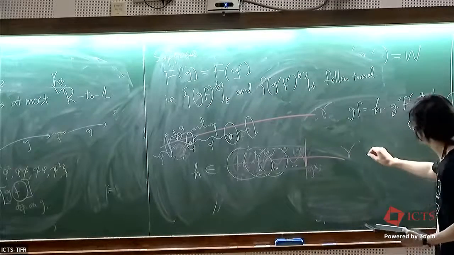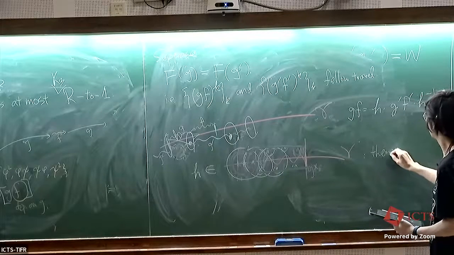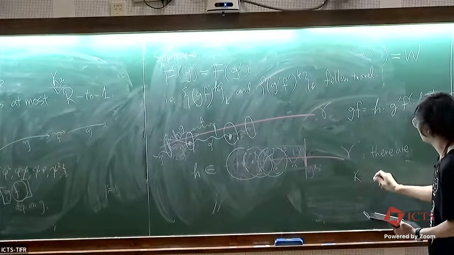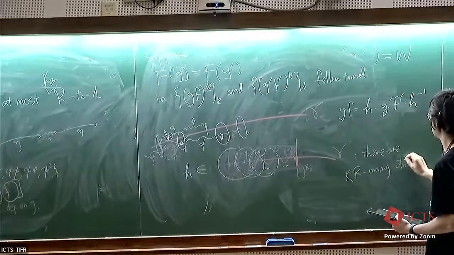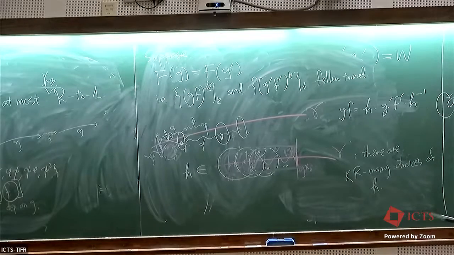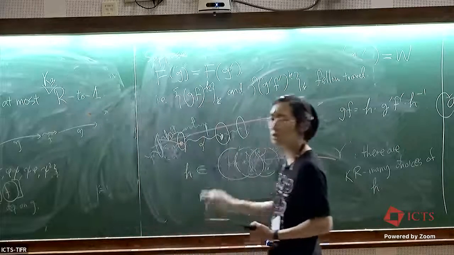So there are some constant k times r many choices of h. This is why the map f is almost r to 1, like there's a constant which gives the upper bound.